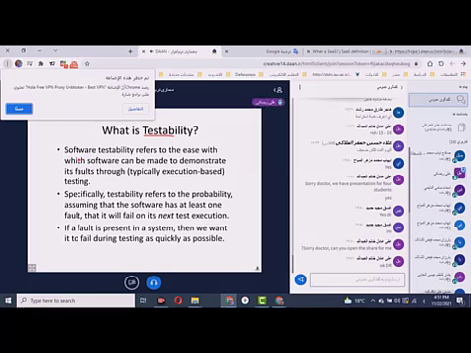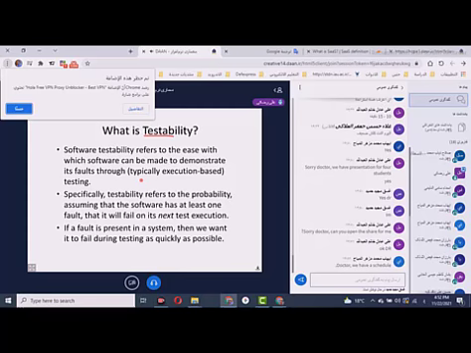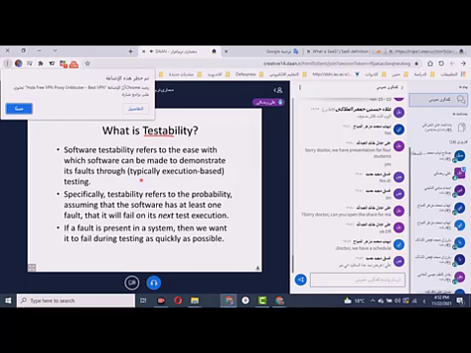Testability refers to the ease with which software can be made to demonstrate its faults through testing. Basically it means how well you design the software so that when you want to test something, those faults and erroneous designs can be found.